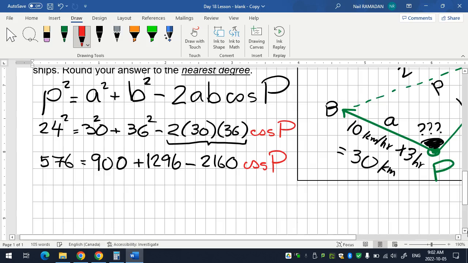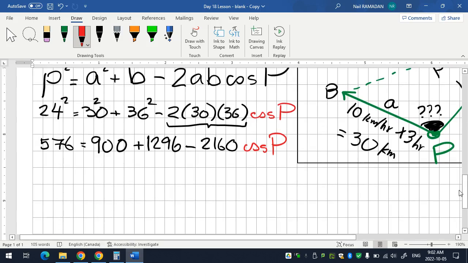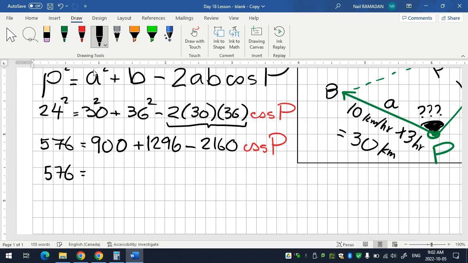Okay, let's clean up. We have enough space, I believe. Okay, 576 equals. What's 900 plus 1296? Well, that will be 2196 minus 2160 cosine. Okay, move as we just did.